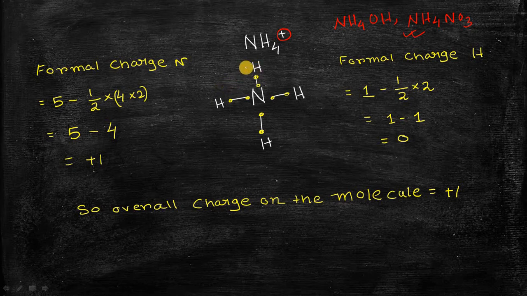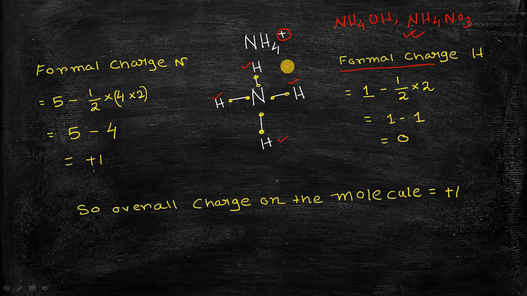Now you can see that all these hydrogens are equivalent. So if we calculate the formal charge for any one of these hydrogen, it will be the same for all other 3. First we should concentrate on how to calculate the formal charge of any one hydrogen atom. For calculation of the formal charge, we have to know the number of valence electrons.